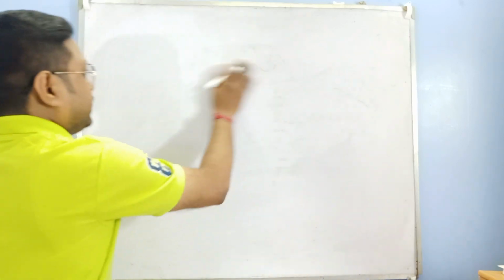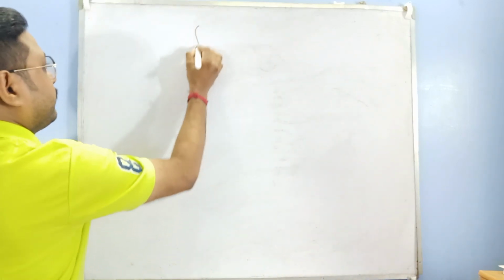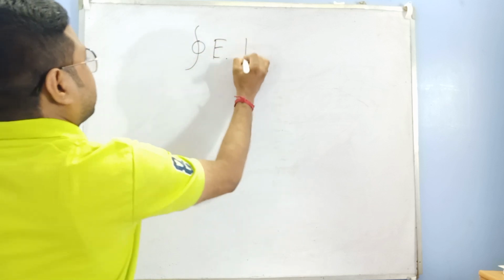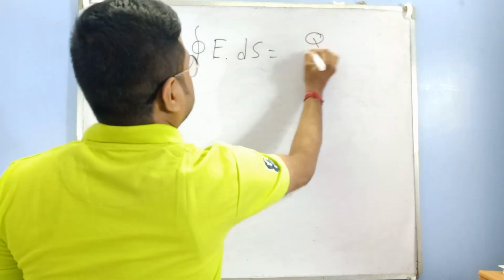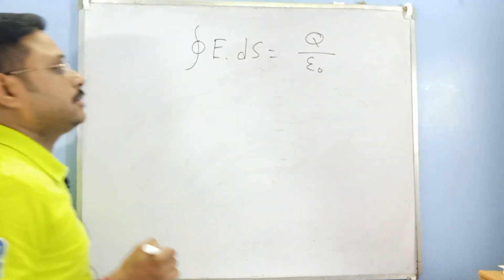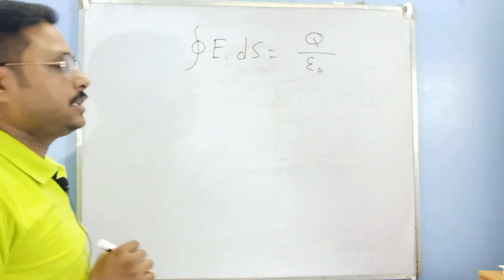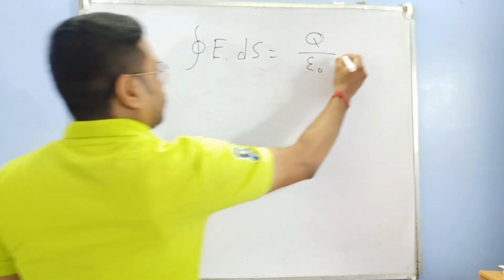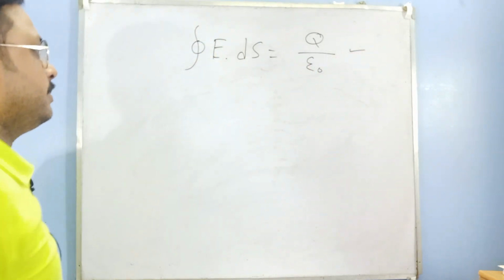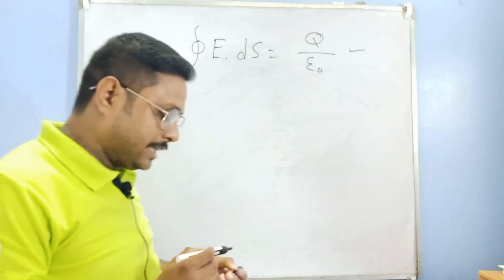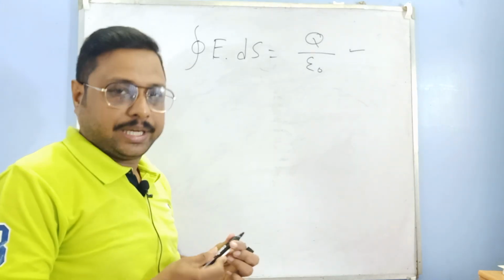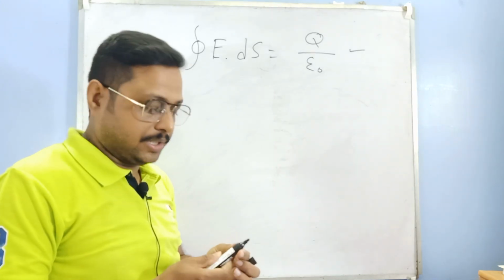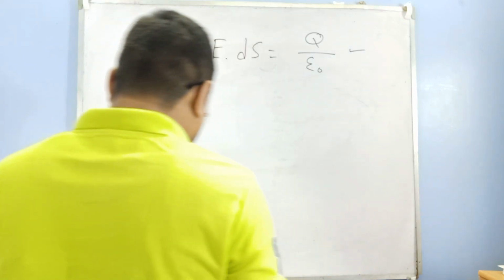It states that the total electric flux around any closed surface must be equal to total charge divided by permittivity of free space, if the charge is placed in free space. So this is the Gauss law, and it is very important to find the electric field at any point from a charged body.